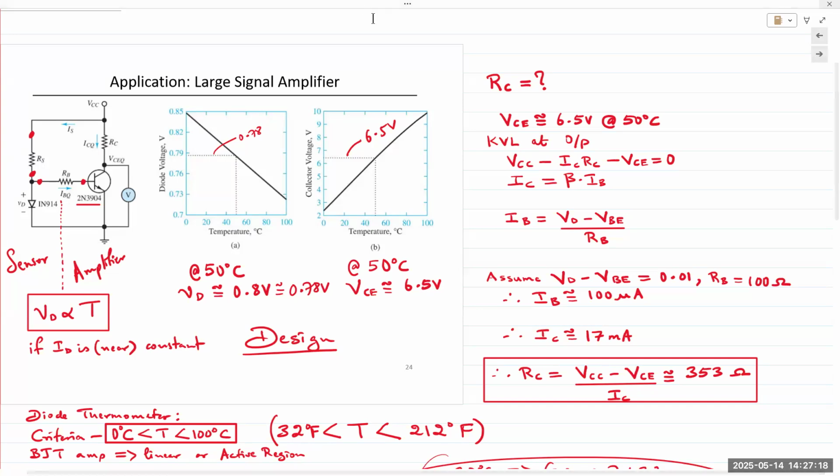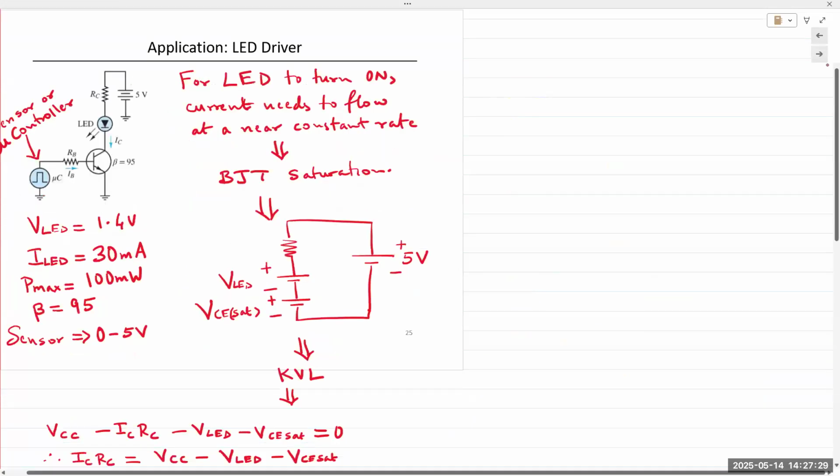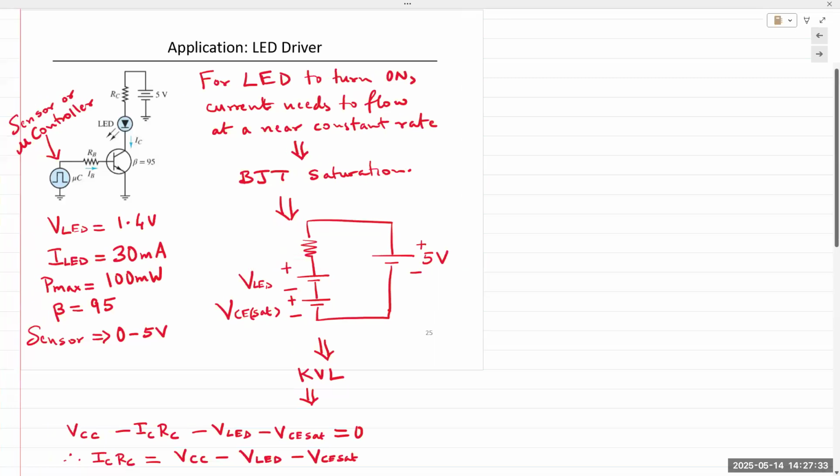Right. Now, the next circuits that we're going to look at: this one was for the active region. The next one is going to bias the transistor in saturation and cutoff. So this one's an LED driver, and the next three are the LED driver, the motor driver, and the battery charger.